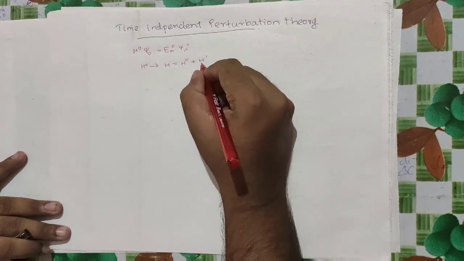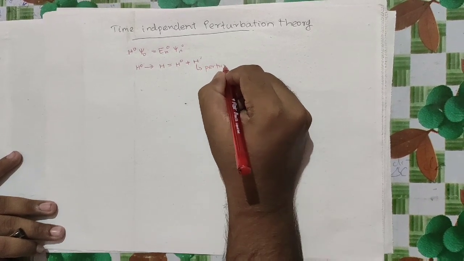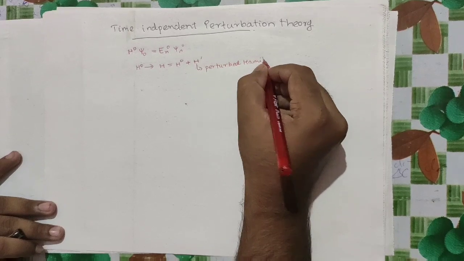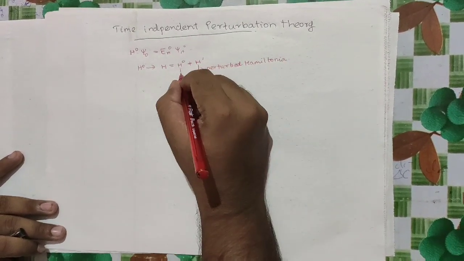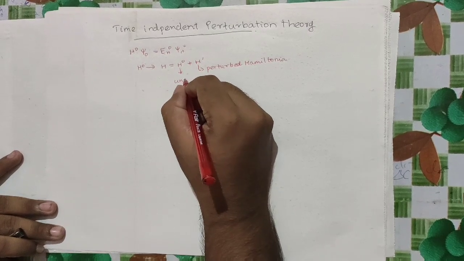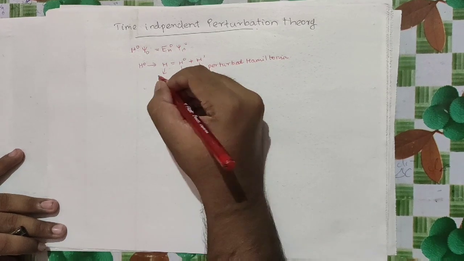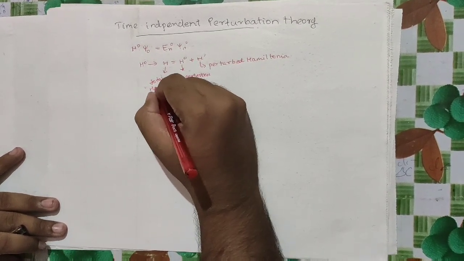This H dash is the perturbed Hamiltonian, H0 is the unperturbed Hamiltonian, and H is the total Hamiltonian.